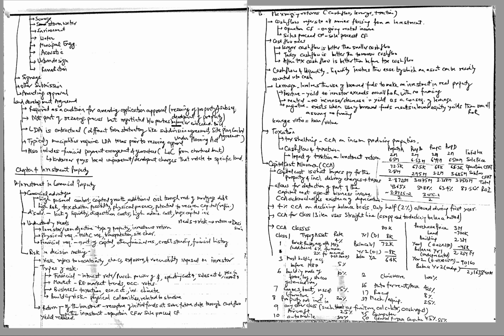So, like I said, tax liability impacts the cash flow and investment properties. So let's look at the capital cost allowance.